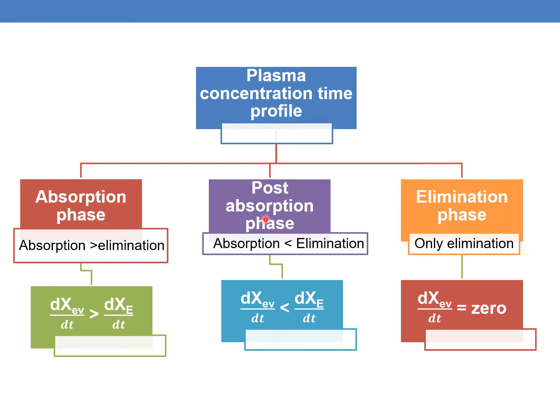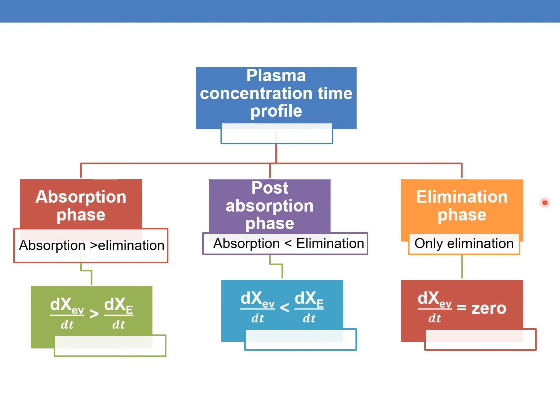The second phase is the post-absorption phase. During this phase, there is some drug at the extravascular site still remaining to be absorbed, and the rate of elimination at this stage is greater than the absorption. So dXev/dt is less than dXe/dt.